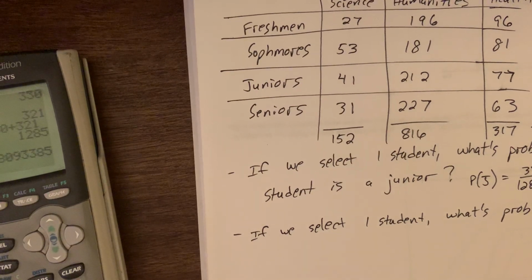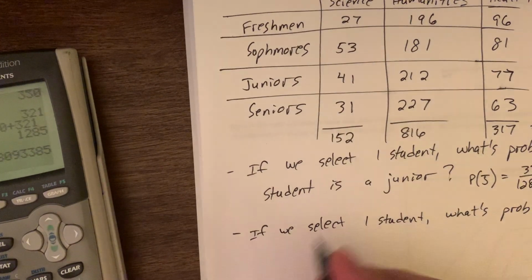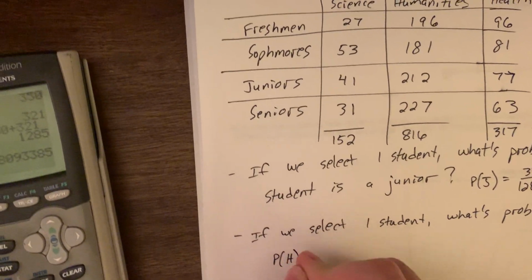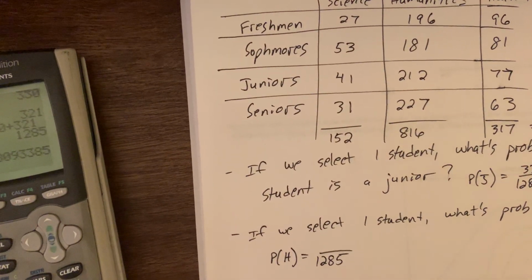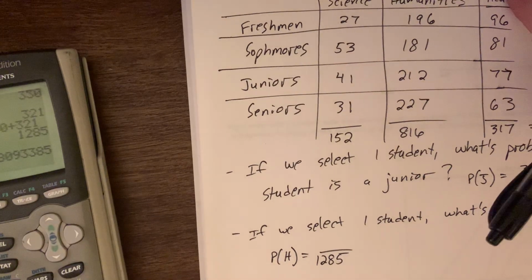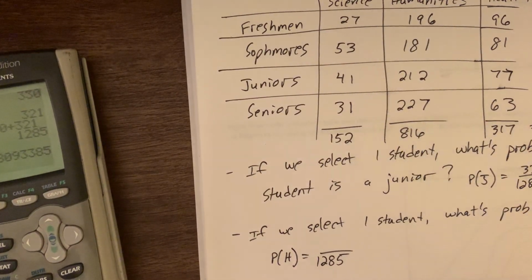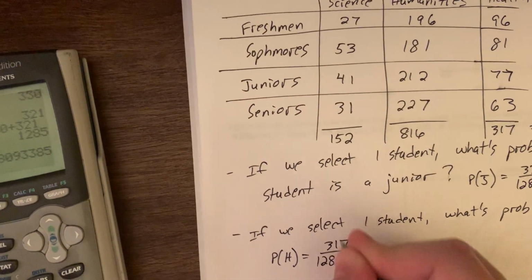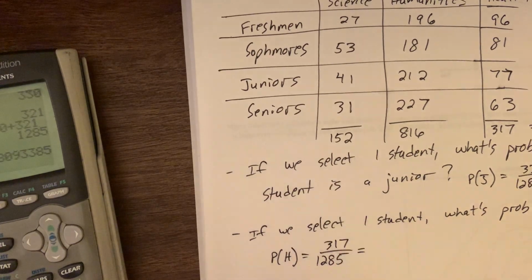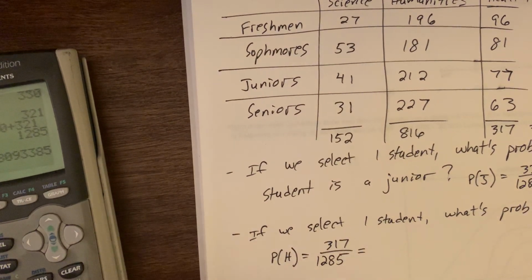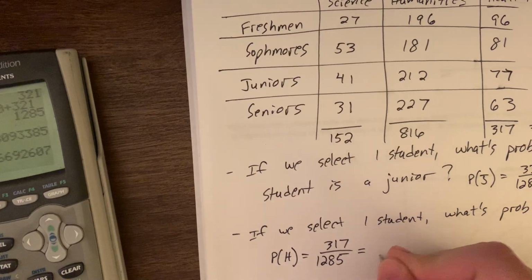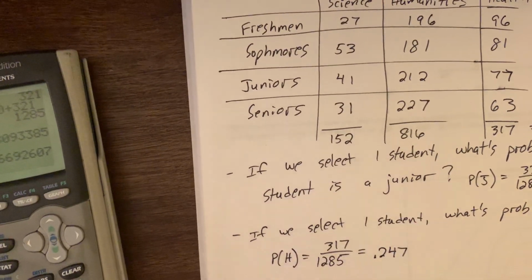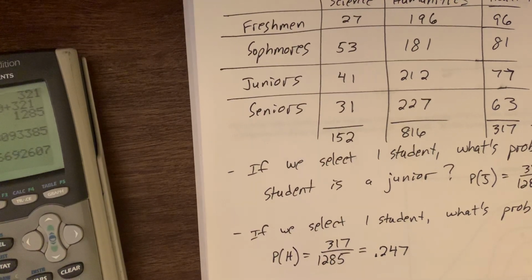We're just going to look over now, thinking about all of our total students. So the probability of health major, we still have 1,285 students to pick from. And now since I've already done the hard work, I already know there are 317 health majors. Those 317 out of 1,285. Which again, nothing wrong with that fraction, just trying to get us used to the decimals, and that one would be 0.247.